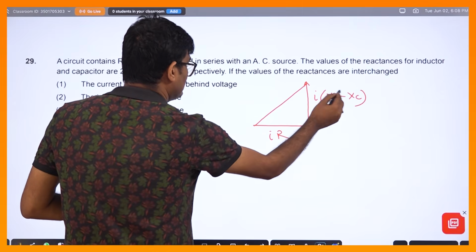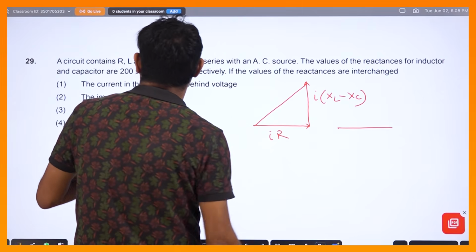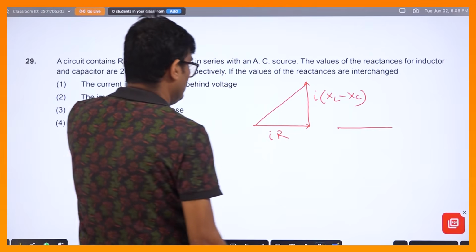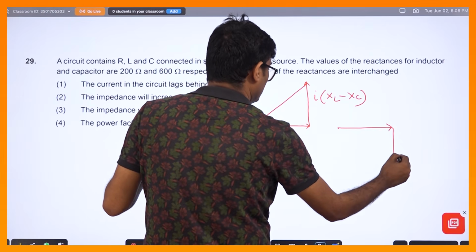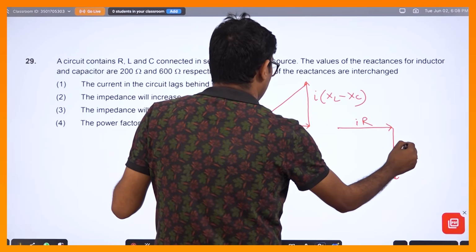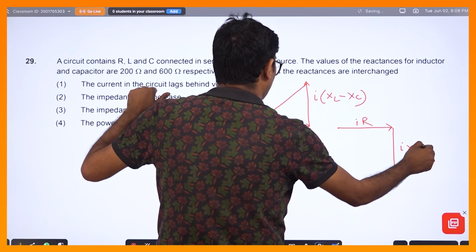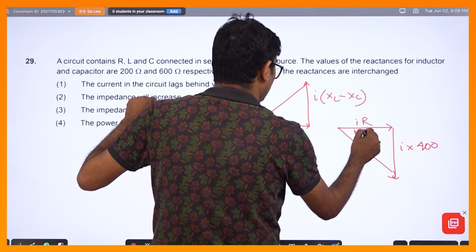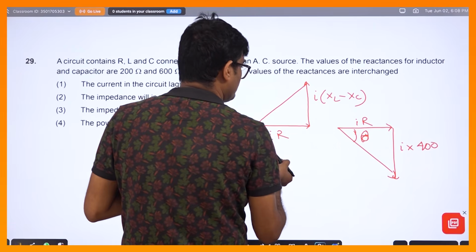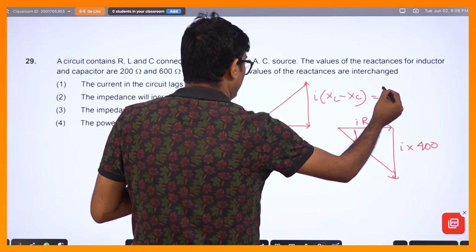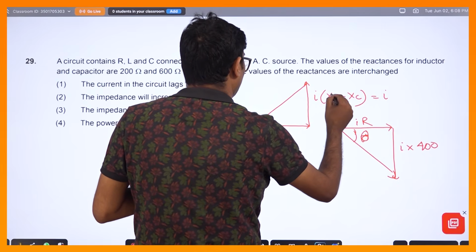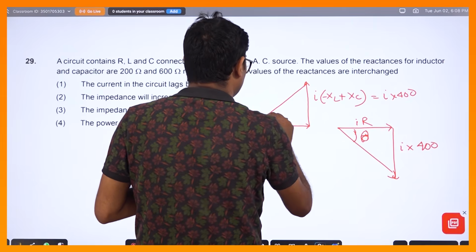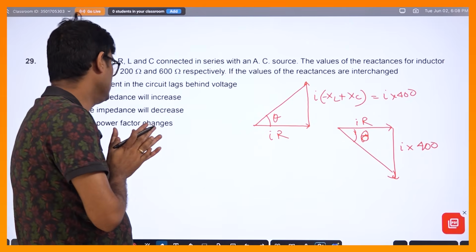If I interchange them, then in general it is I into 400 like this, and this is angle theta or phi, cos theta is power factor. Here it is XC minus XL, so it is I into 400 like. So you can see that cos theta or theta will not change.